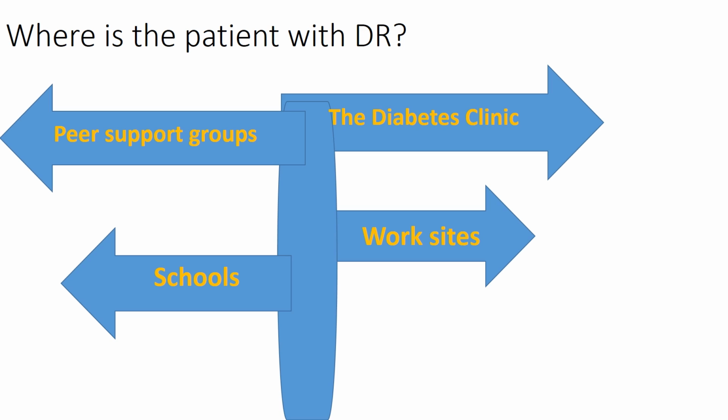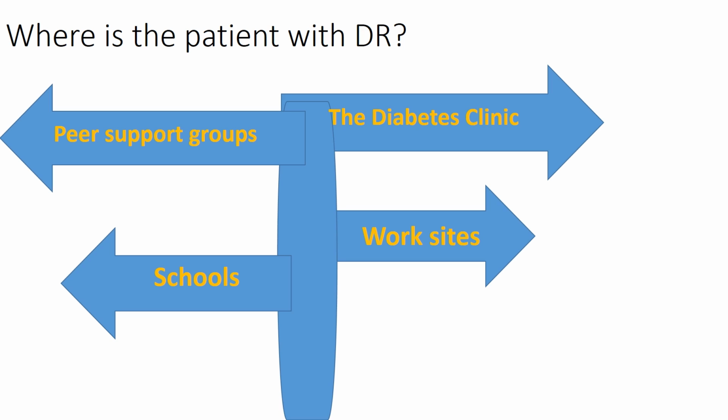Is it possible to work with the diabetes service to strengthen referral to the eye clinic? Is it possible to place a fundus camera at the diabetes clinic in order to do retinal screening at this clinic? Can we hold outreach meetings and health talks with support groups?